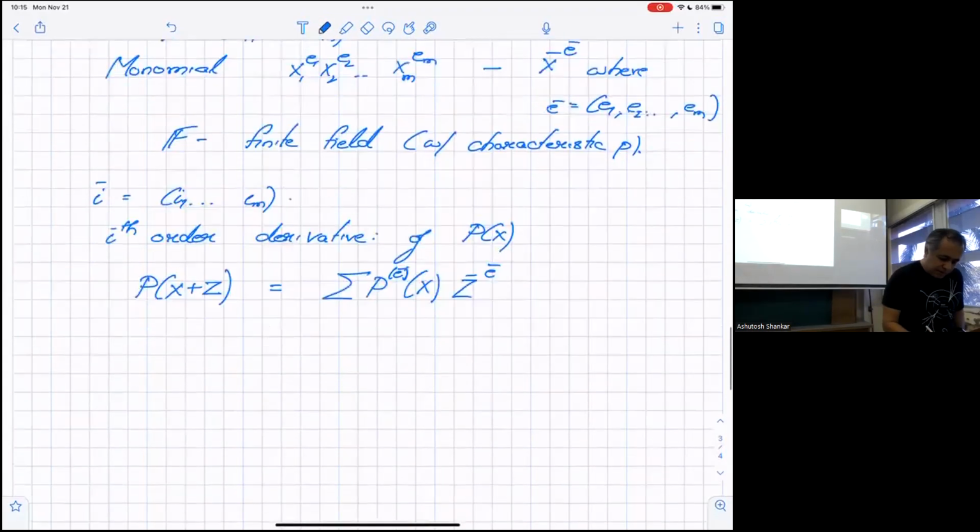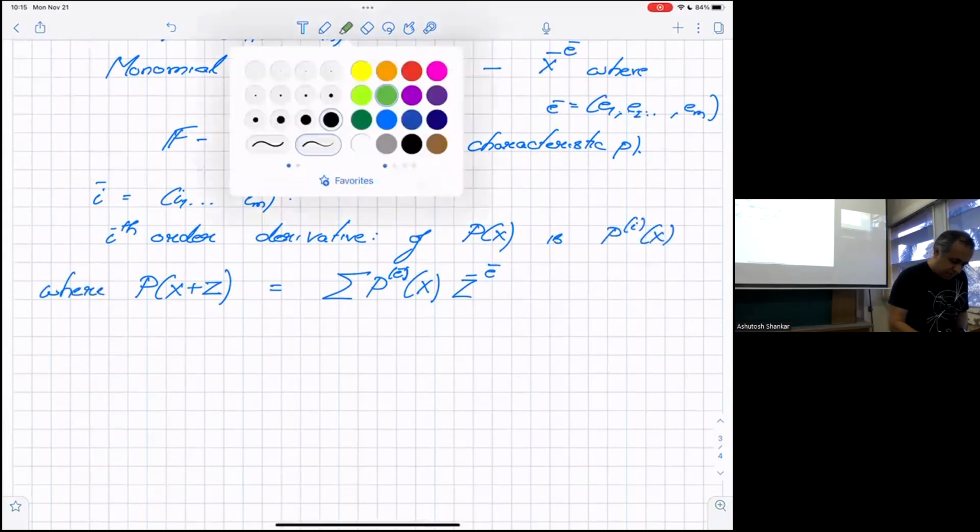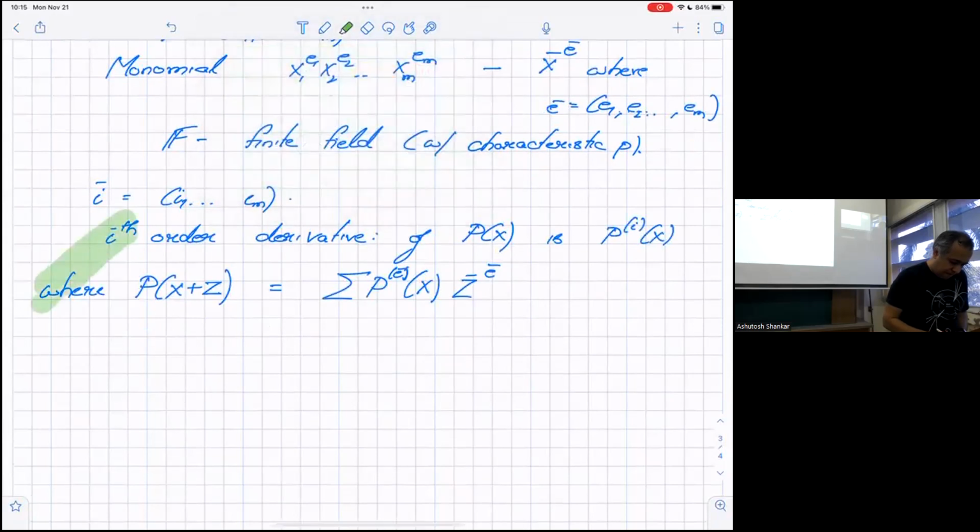So the E-th Hasse derivative is P subscript E of x.